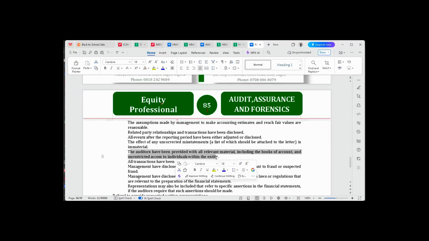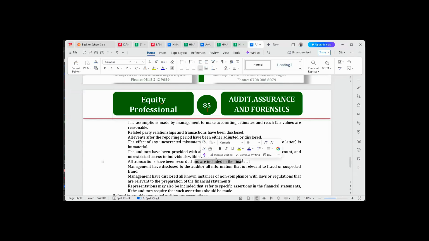All of these are what the manager would have input in the letter of representation, and they will sign off and give it to the auditor. All transactions have been recorded and are included in the financial statements. The management has disclosed to the auditor all the information that is relevant to fraud or suspected fraud.